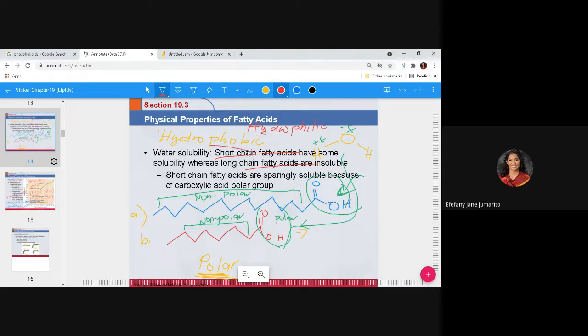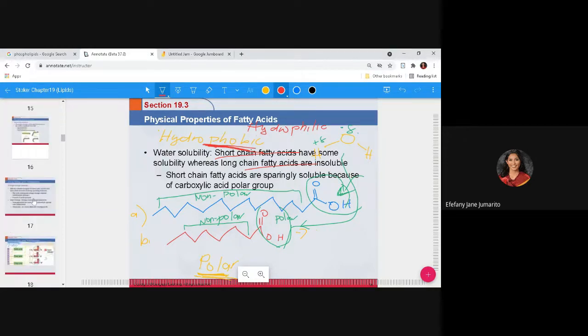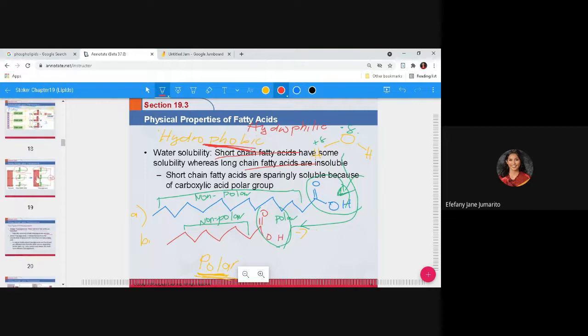Hydrophobic, from the word phobia, means fear. So fear of water, that's non-polar. Then hydrophilic means water loving. So they are polar molecules. Take note of that also.